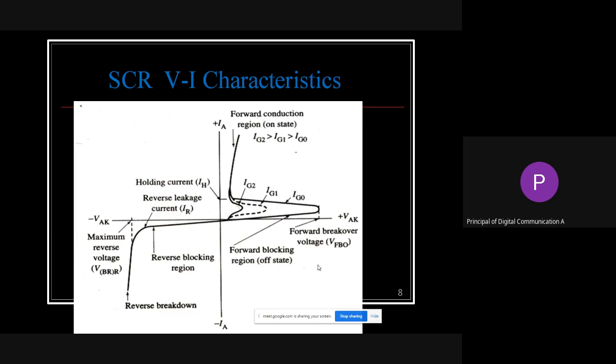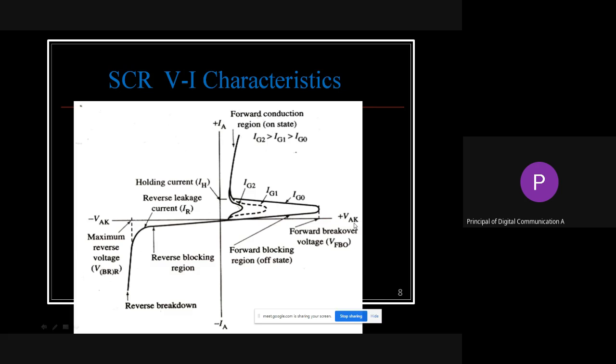If you are making the four quadrants of this particular graph, first, second, third and fourth, the response is in only the first and third quadrant. On the x-axis and y-axis, it is the response of input voltage versus output current, that is VAK and IA.